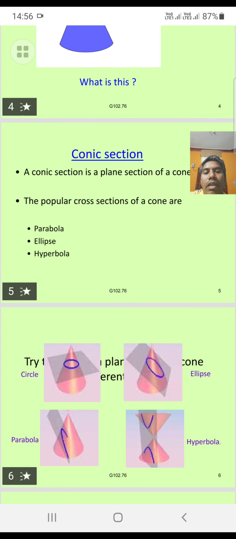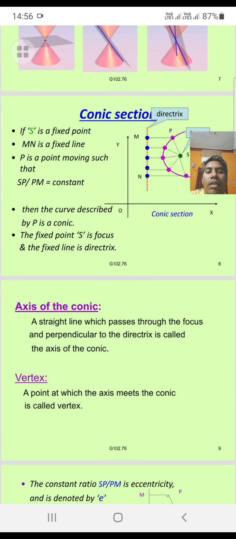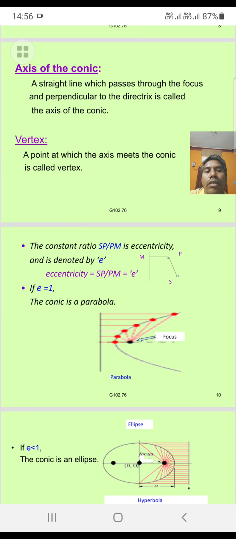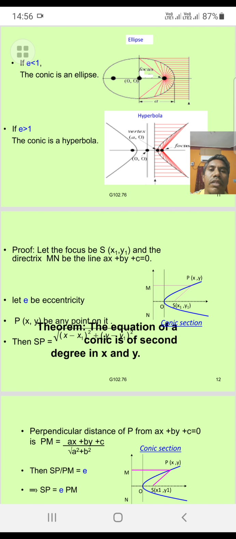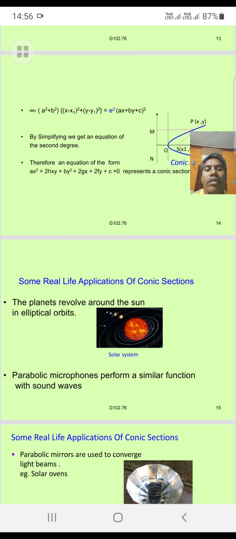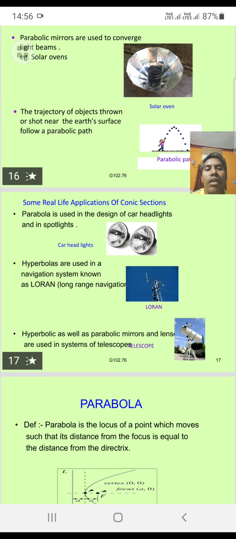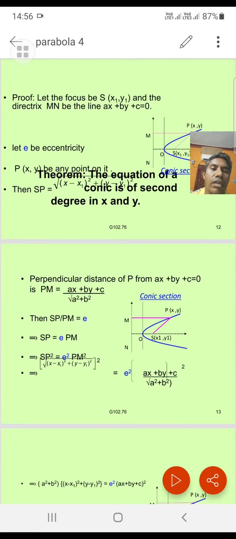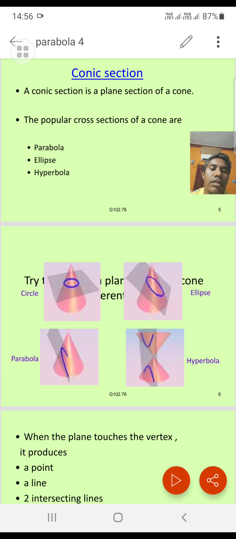And if we know how to do the parabola problems, then we can easily do the ellipse and hyperbola problems, because it is the same style, the same procedure; just the eccentricity will change. The remaining process and concept are everything the same, because these are 3 conic sections, different diagrams formed when a plane intersects a cone at different angles.